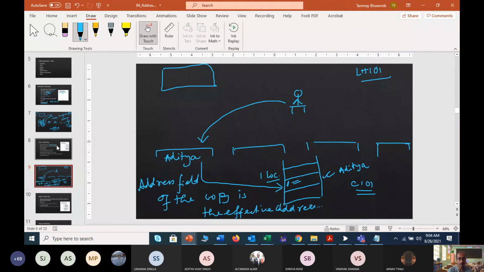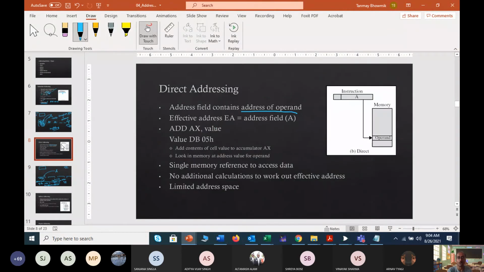So now if you read it again, according to the diagram, that was my instruction and I was writing add x with some value. You don't know what this value is, or you can think of it as a variable. But where is the value actually stored? In memory.